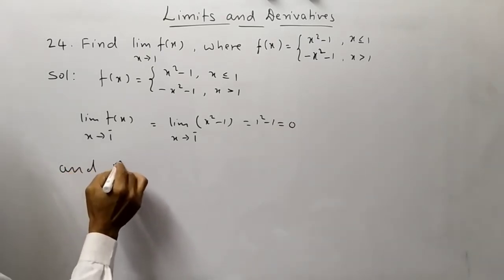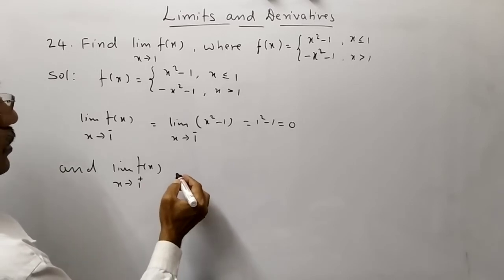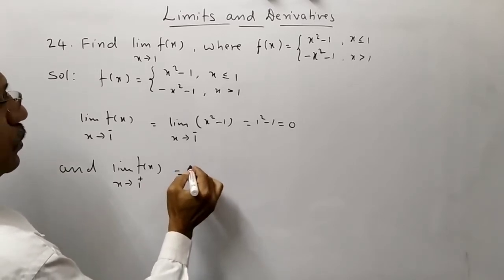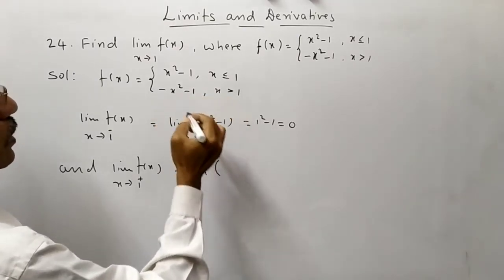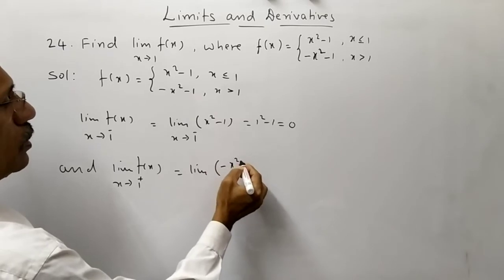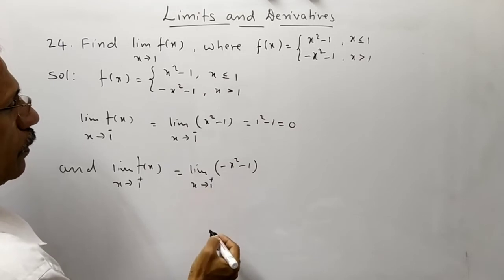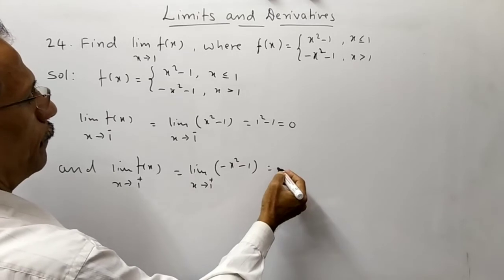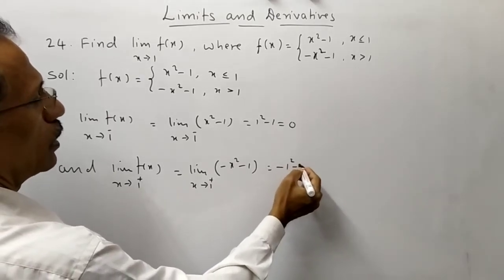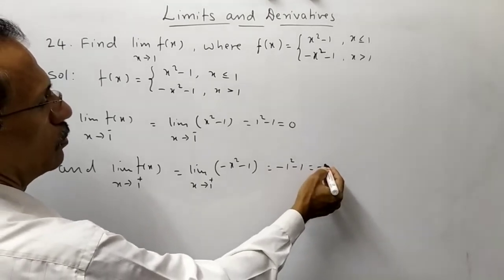And limit of f of x when x tends to 1 from right side, that is RHL, is equal to limit of, what is the function for x greater than 1? Minus x square minus 1 when x tends to 1 is equal to minus 1 square minus 1 is equal to minus 1 minus 1, that is minus 2.